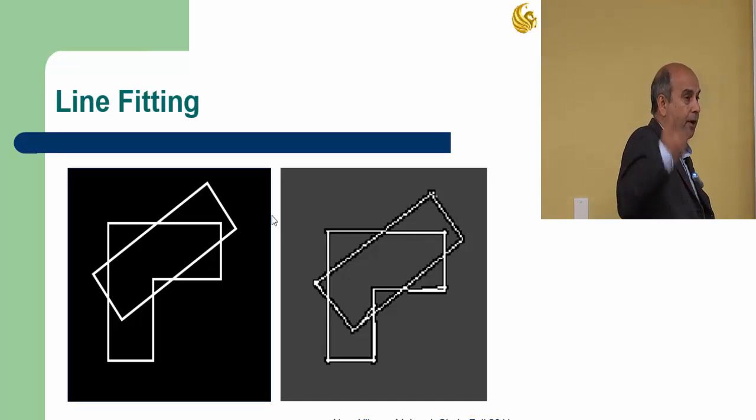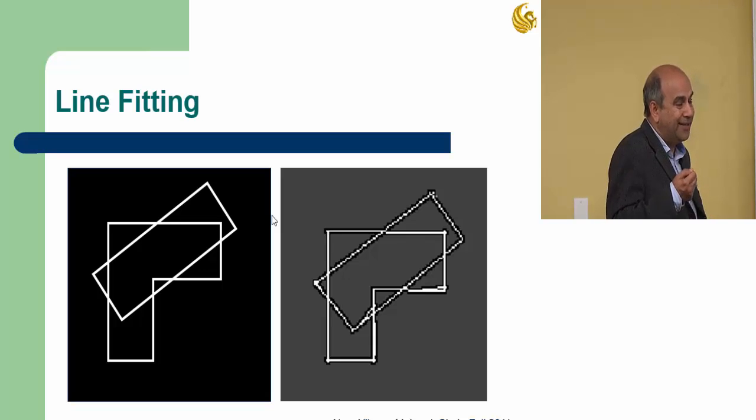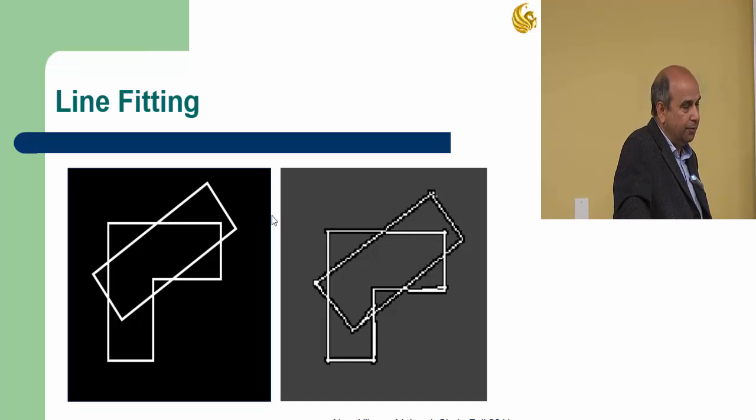Then the Hough transform gives you a very interesting way. Look at one point and enumerate all the lines which can go through that point. There are lots of lines, and of course we have an infinite number of slopes and intercepts, so you have this accumulator array of possible values of slope and intercept, or theta and p.